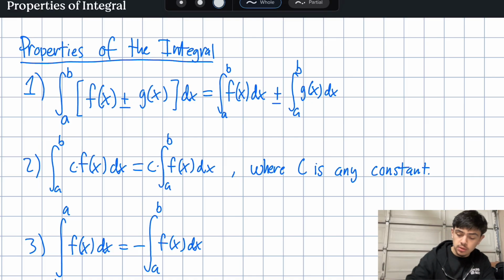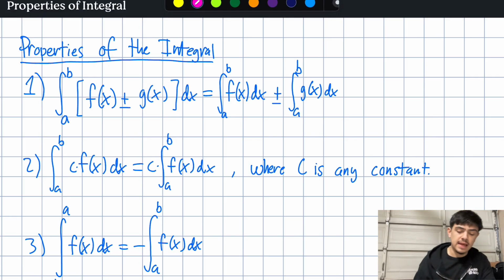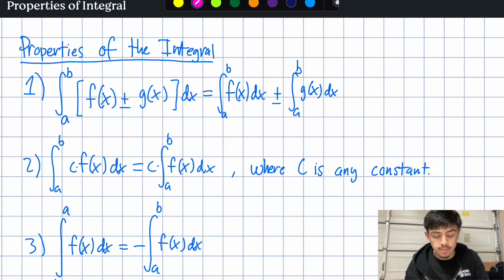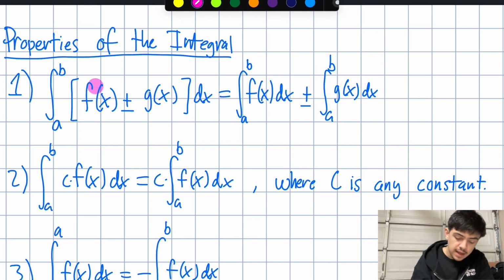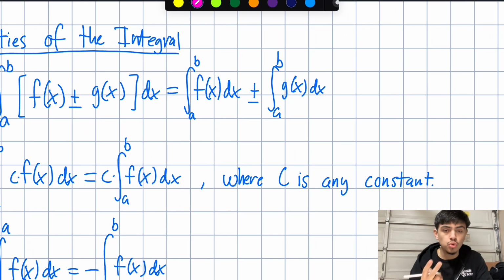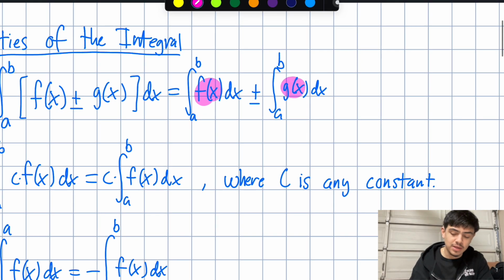Looking at the first one, we see the sum and difference property. Really what this is saying is that if we have one integral composed of two functions, f of x and g of x, separated by a plus or a minus, meaning they're two separate terms, this allows us to separate them into two integrals, one of them being f of x, the other being g of x, keeping the same bounds.